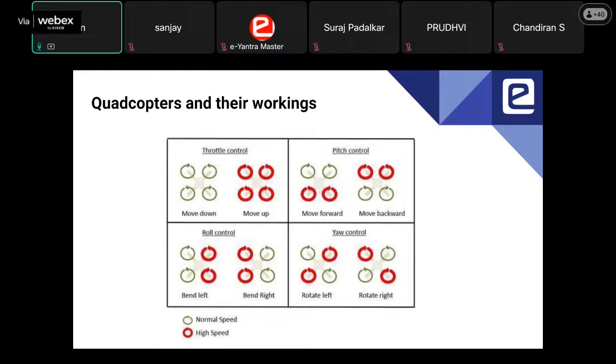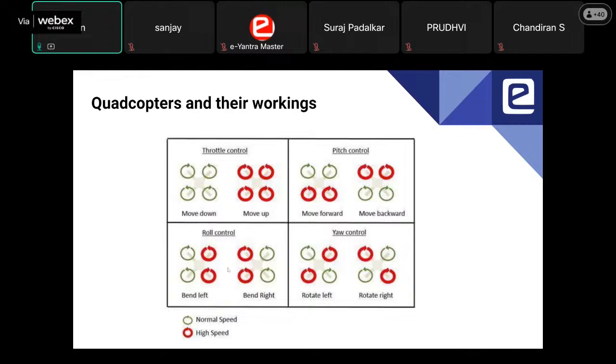If you want to pitch forward or move forward, what you basically do is increase the velocity of the back two motors and keep the velocity of the front two motors the same. If you want to pitch backward or move backward, you do the opposite: you increase the velocity of the front two motors and keep the velocity of the back two motors the same, or you can decrease it also. So this is how pitch control works.